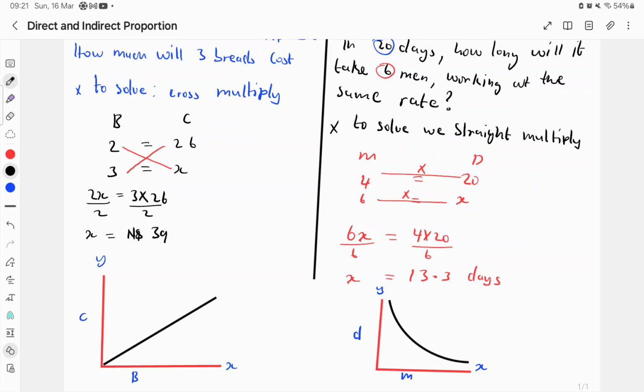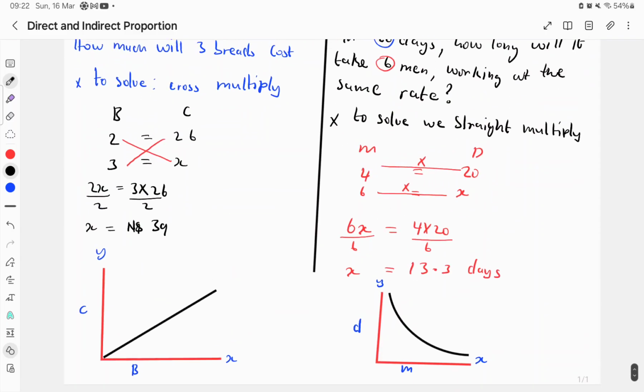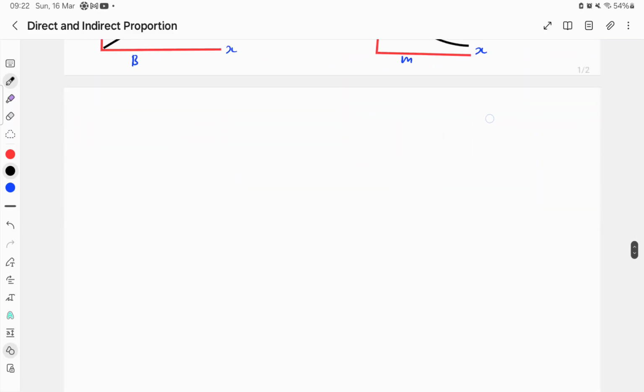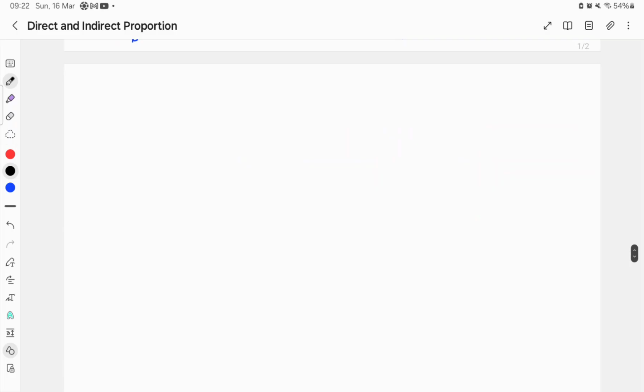It's called direct and indirect proportionals using the constant method or forming equations. So let's look at the second example. Let's talk about both at the same time.